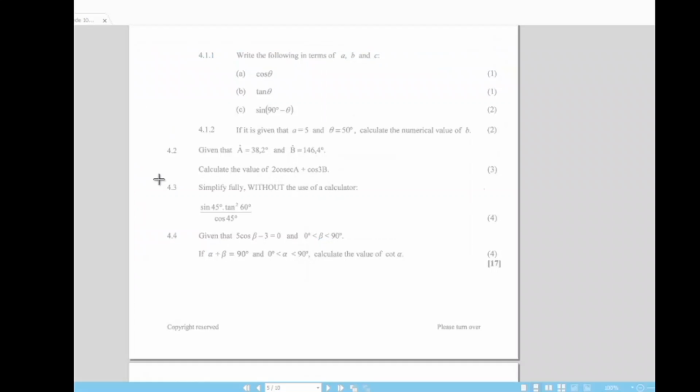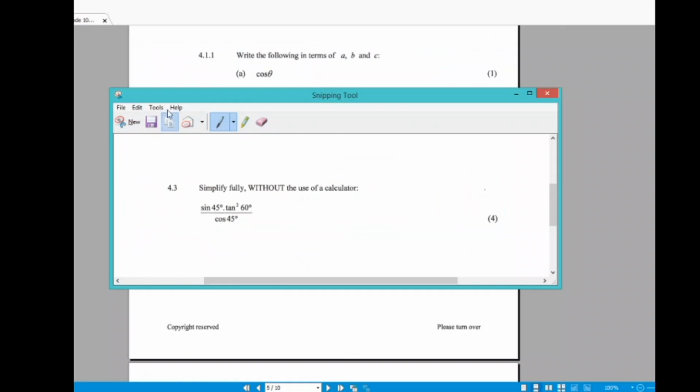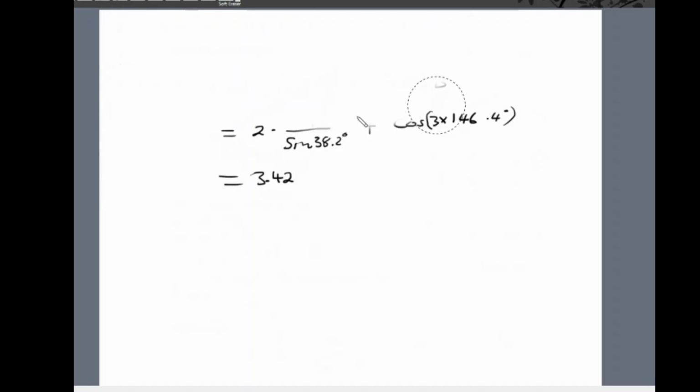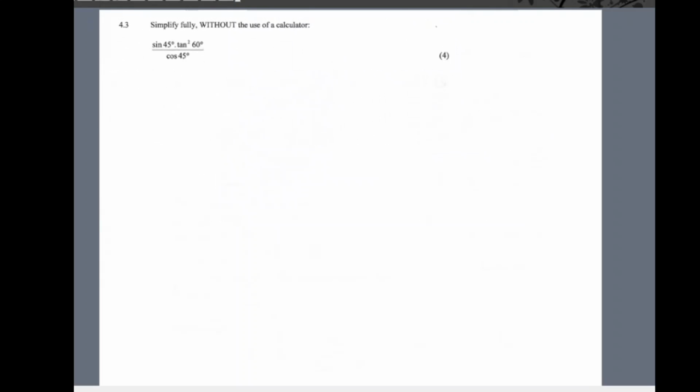Let's copy 4.3. And then 4.3 says simplify fully without the use of a calculator. So now this is where our special angles come in.